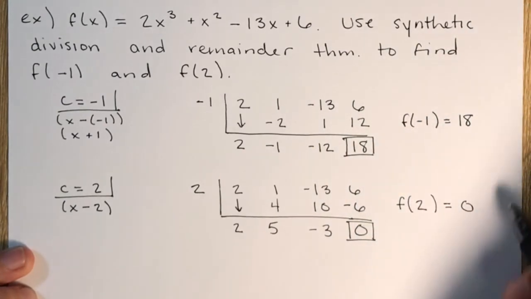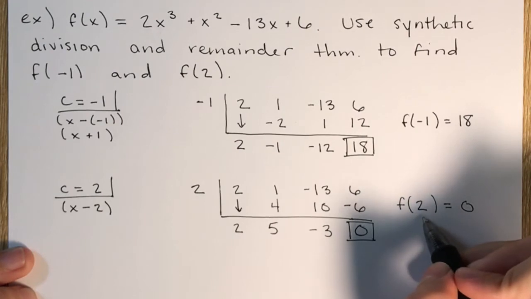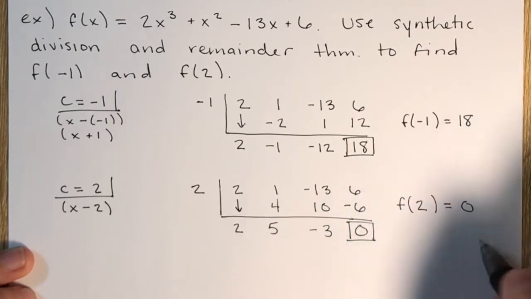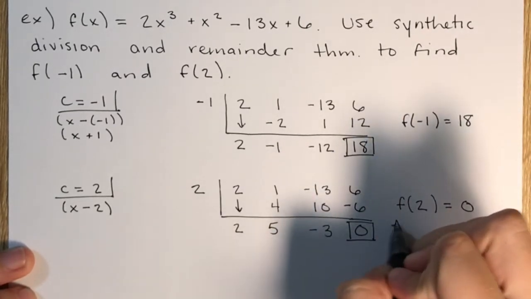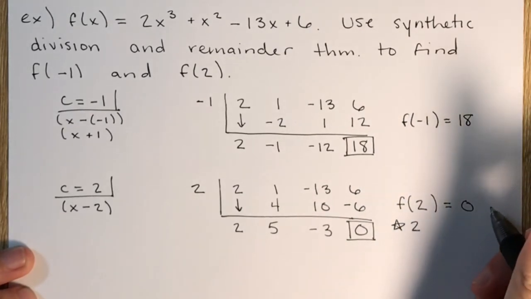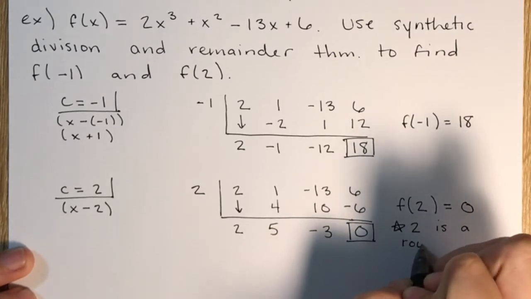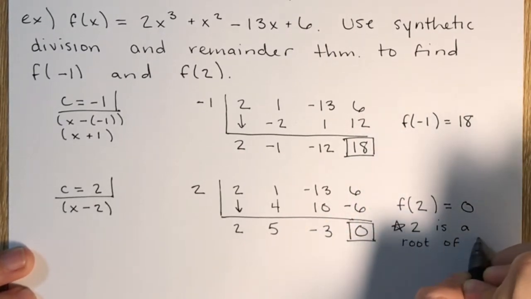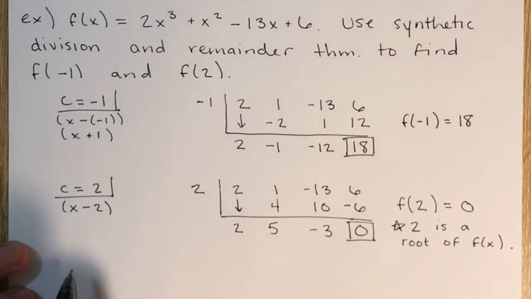Really quick before we move on, when the value of a function is 0 at some point, what does that mean about that point? It means that that point, which is in this case 2, x equals 2, is a root of f of x. And if 2 is a root of f of x, what does that say about x minus 2?